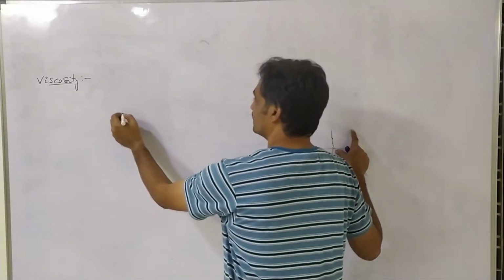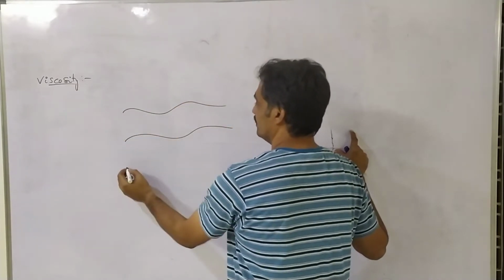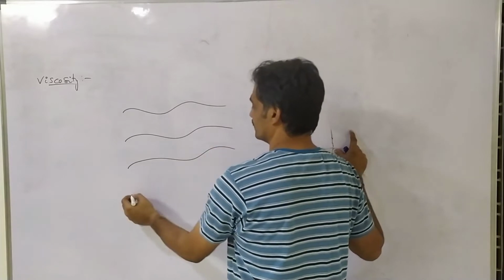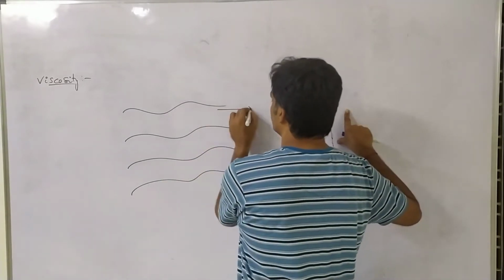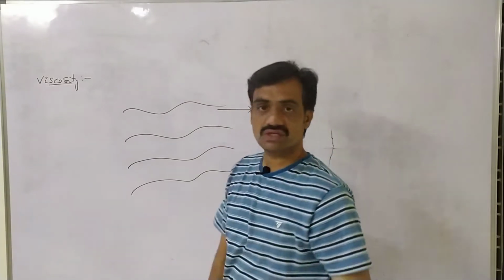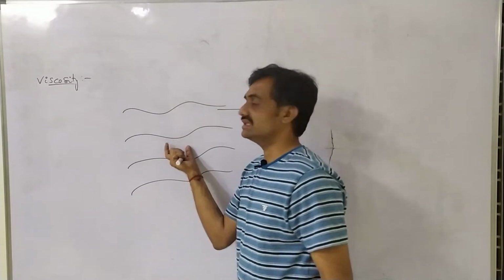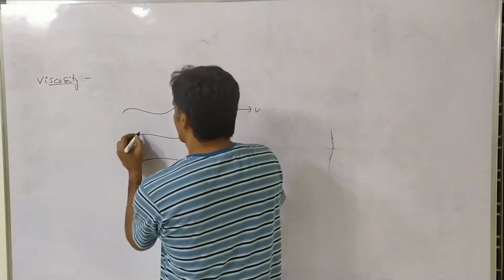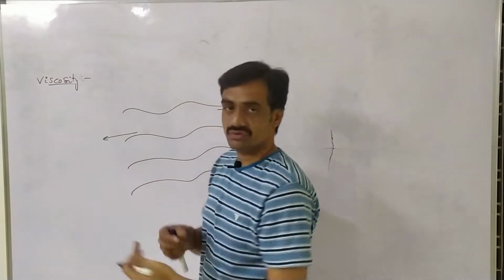So here, when we consider the layers of the fluid which flows in the forward direction, when the upper layer moves with the velocity v in the forward direction, the layer which is present beneath this layer tries to drag the upper layer in the backward direction with a force.